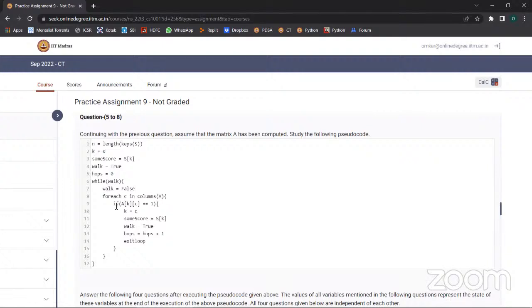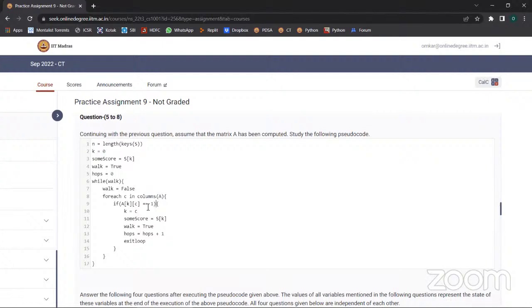Okay. And then what we are checking is if A of K of C is equal to 1. Initial value of K is 0, right? And C will again start from 0. So if A of 0, 0 is equal to 1, of course that's not possible. 0, 0 will not be 1 because the diagonal elements will always be 0.